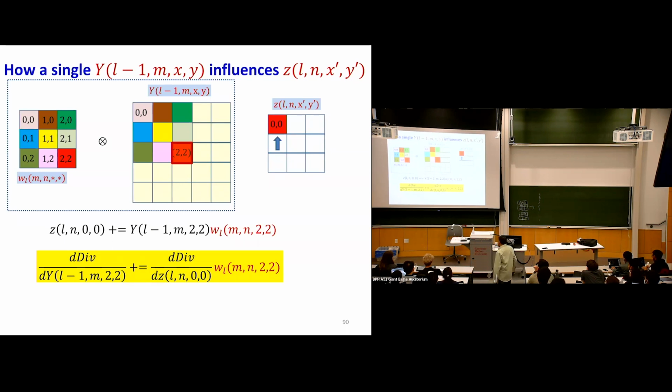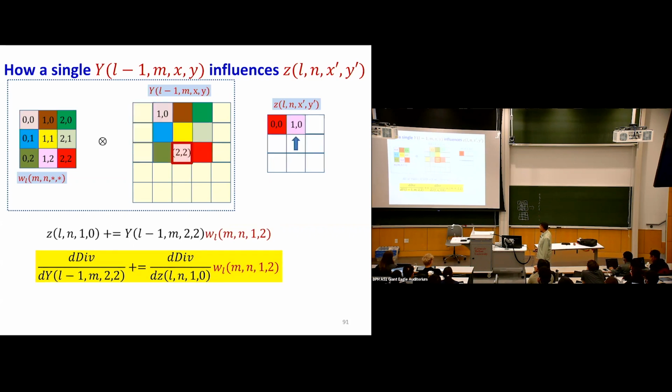In that case, when I'm computing the derivative of the divergence with respect to Y22, what does the derivative at Z00 contribute? The derivative at Z00 multiplies W22 to contribute to the derivative of the divergence with respect to Y22. The derivative at Z10 multiplies W12.